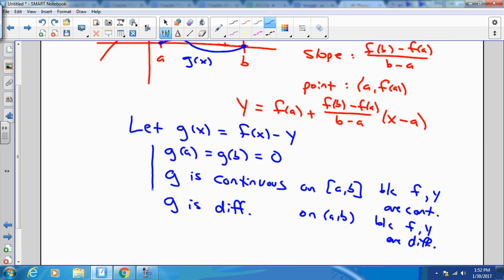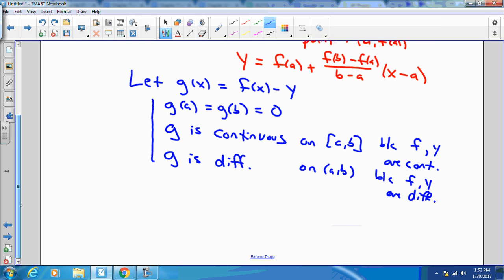And it's pretty clear that it meets the conditions for Rolle's theorem. Yes? 1, 2, 3. And therefore, there must be a c somewhere between a and b such that g prime of c is equal to 0.